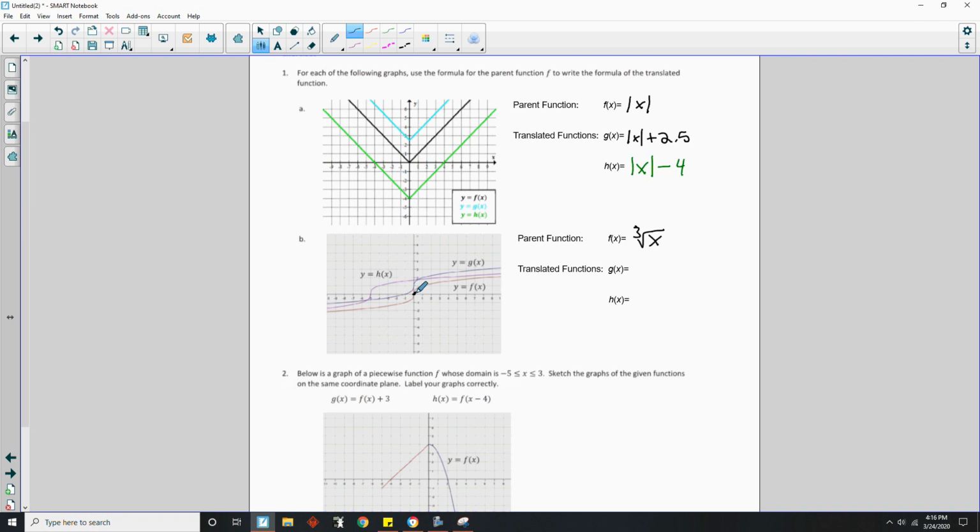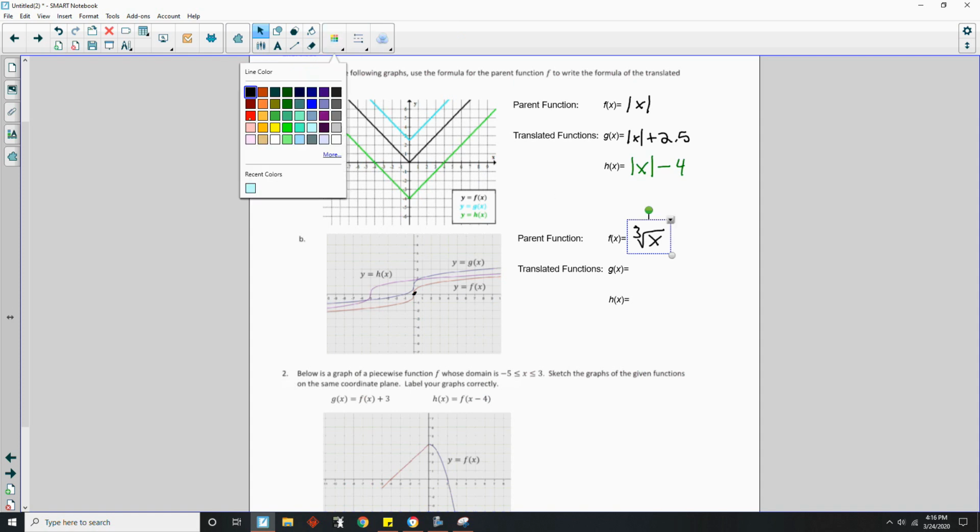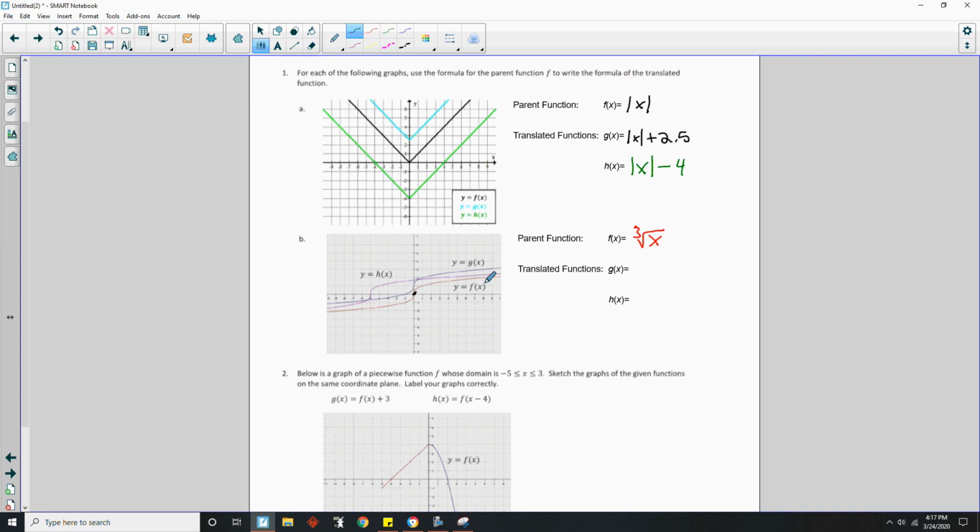So the cube root of 0 is 0, the cube root of 1 is 1, the cube root of 9 is 3, and the cube root of negative 9 is negative 3. Okay. So the parent was actually red in this case. So f of x, and they are labeled here, f of x is the red one. So let me just change this color to red. This is the quickest way to do it, I guess. Okay. All right, so now that's the parent function.